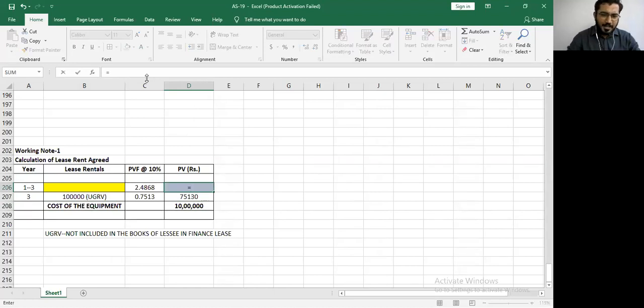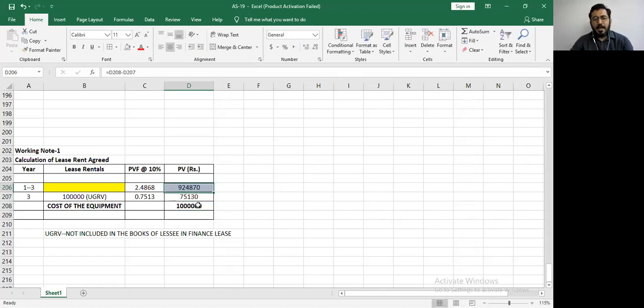You get 10 lakhs minus 75,130. Everyone on your chat box, how much do you get? You get 9 lakh 24,870.